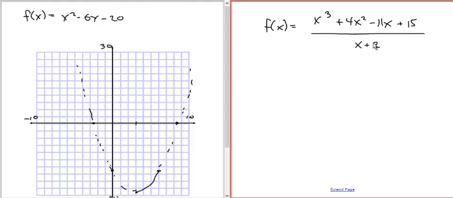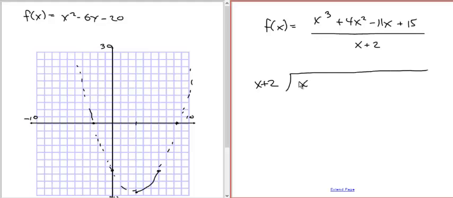Now this one you could use long division or synthetic division. So we might try both ways, see if we get the same answer. It's easier to do synthetic division, so it's probably less likely to mess up. But we'll do both just for practice.